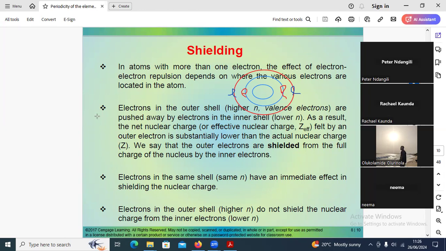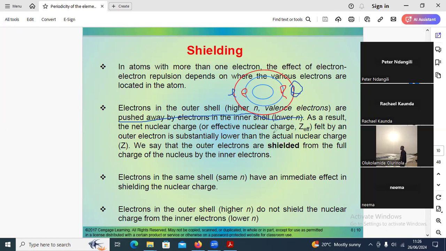And that is why we are saying that electrons in the outer shell are pushed away by electrons in the inner shell. In other words, these electrons here are being pushed away by electrons in the first energy level.